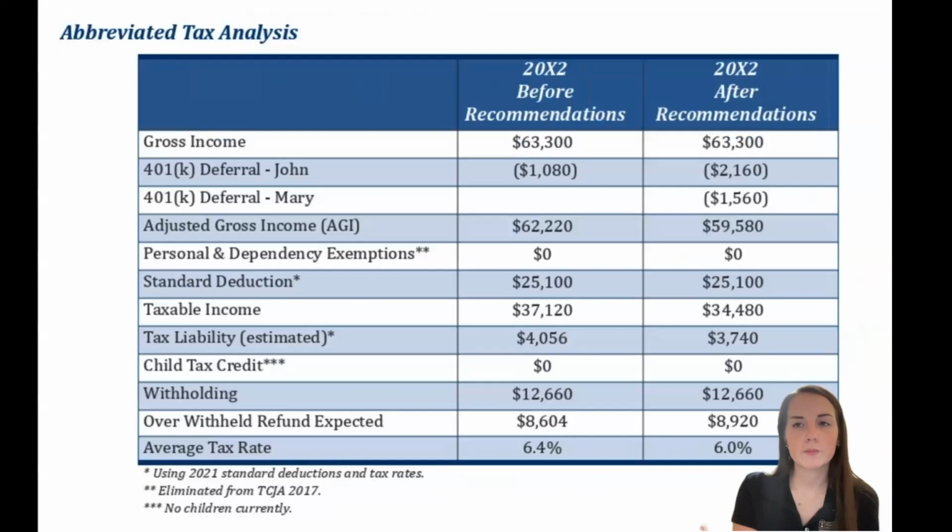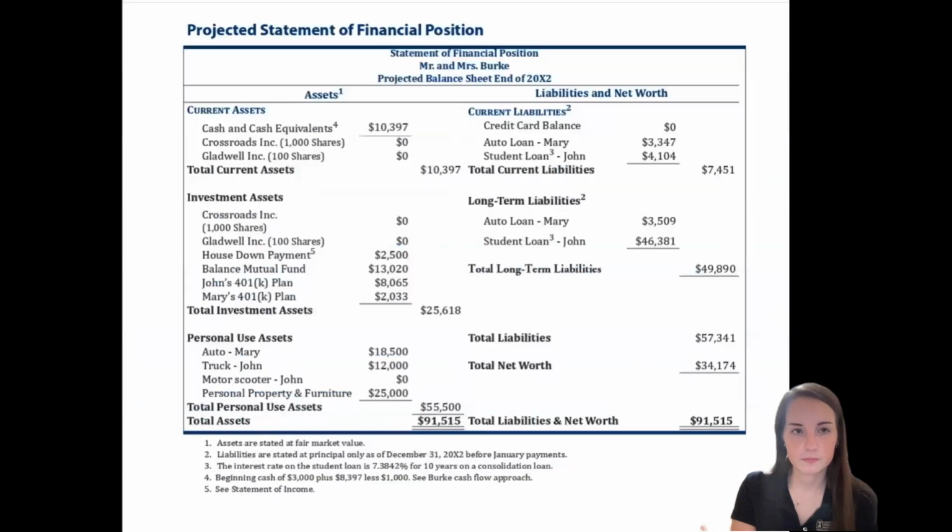And also, we didn't discuss your tax rate, but if you implement these changes, it would actually decrease your tax rate in a year by 0.4%. And this would be your statement of financial position a year from now if you implemented these changes.